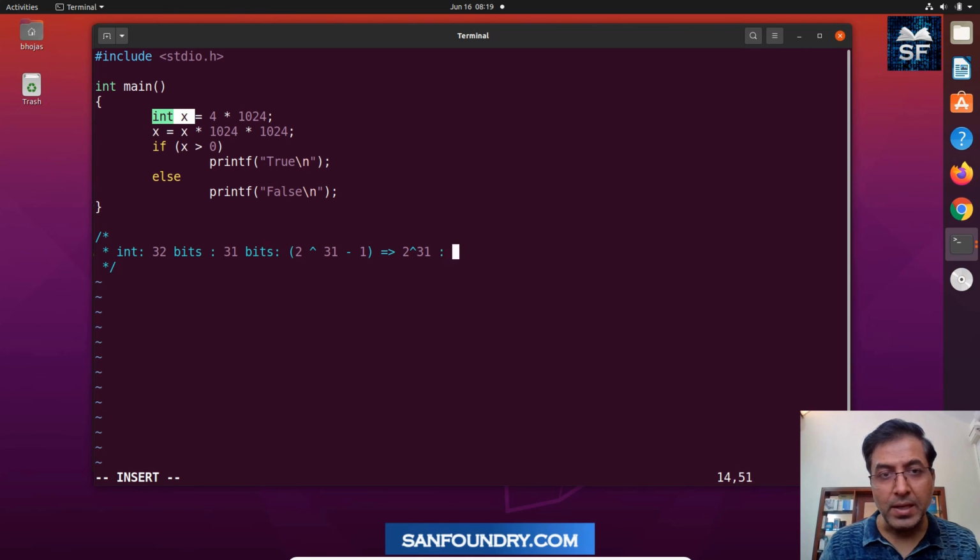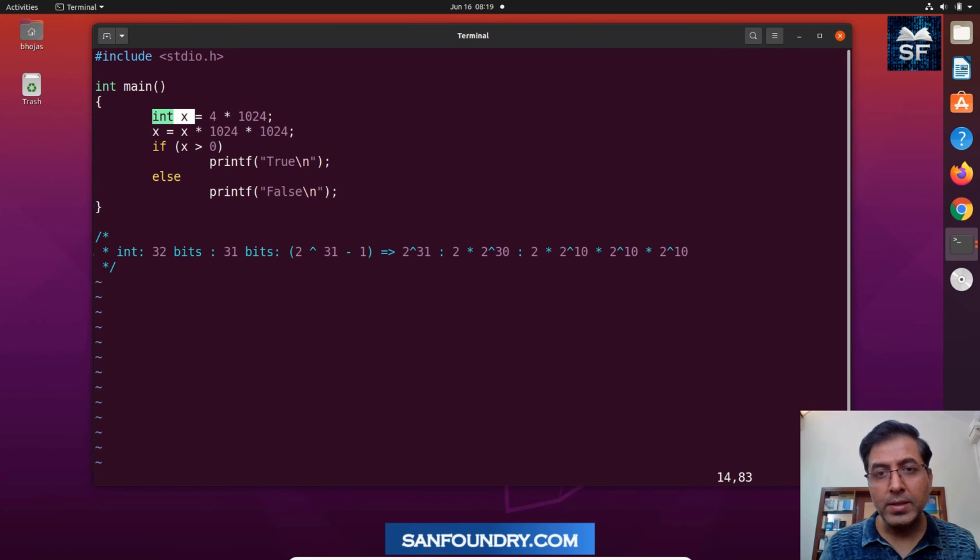This can be written as 2 into 2 to the power 30, which is 2 into 2 to the power 10, times 2 to the power 10, times 2 to the power 10, right?